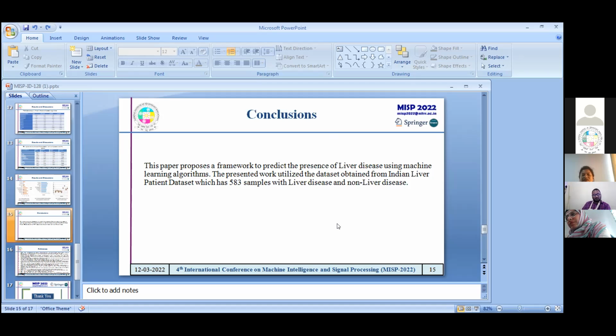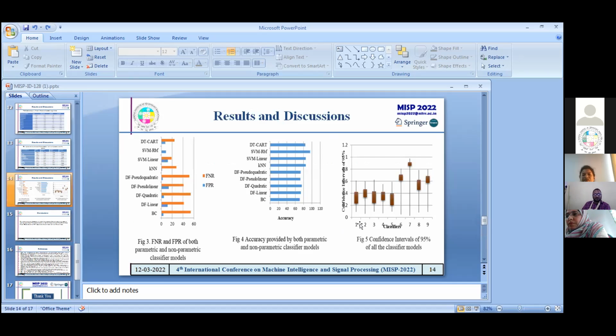We had to understand how parametric and non-parametric classifiers perform in their own way, and which one is better. I identified that non-parametric classifiers are better. They provide very good discrimination among the classes.